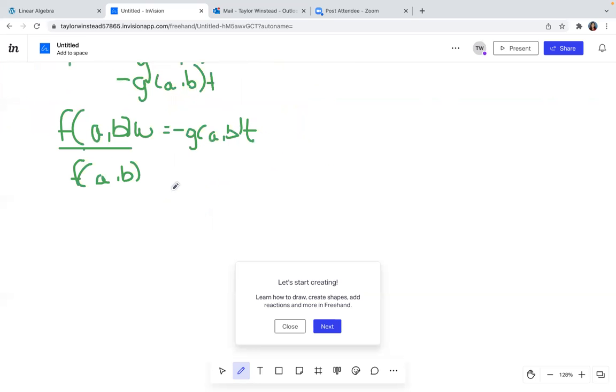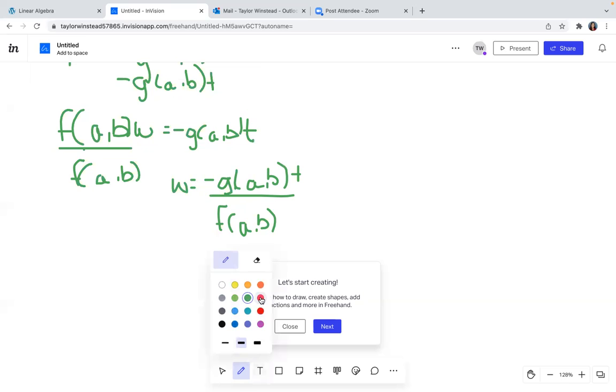And so we'd end up with W equals negative G of AB T over F of AB. Now, here's what we need to figure out because we know what W is, right? And we have that in terms of AB, but we've got this T right here. You've got this pesky little T. But here's what you have to realize.